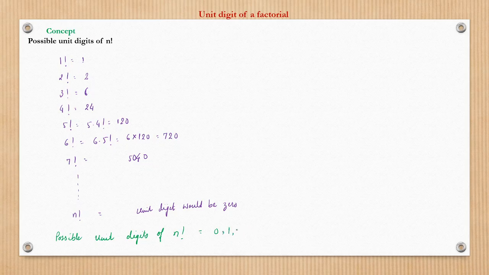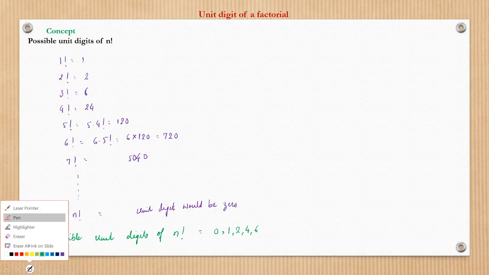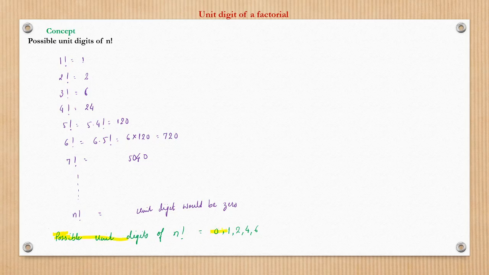We got 1 as a unit place digit, 2, 6, 4, and then 0. So these are the only possibilities.